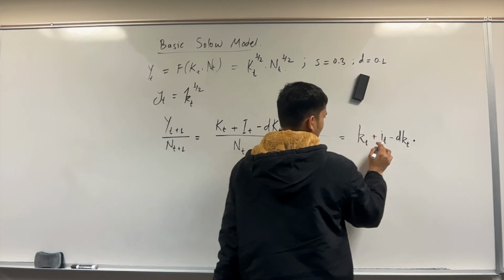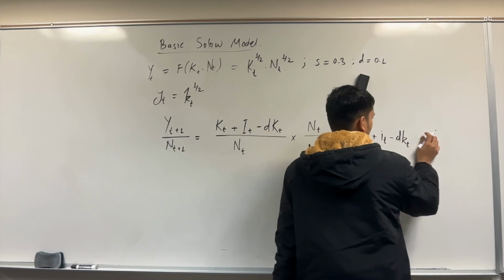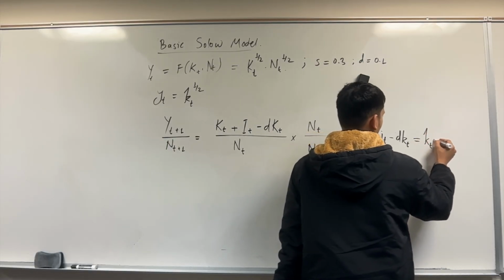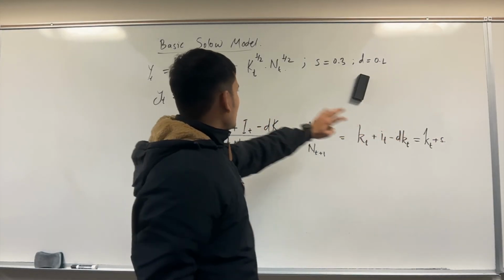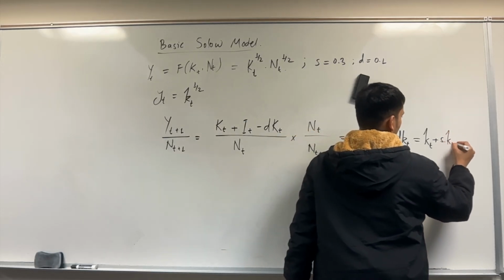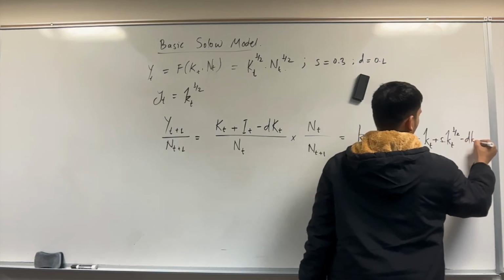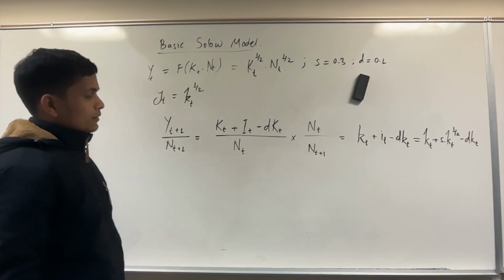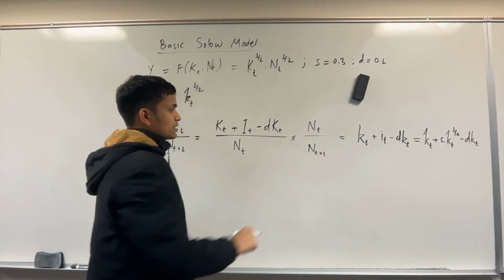However, this I_t is s times Y_t, so it can be written as k_t plus s times Y_t, where y_t is k_t to the power 1/2, minus d k_t. All right, so this is our per capita capital accumulation function.